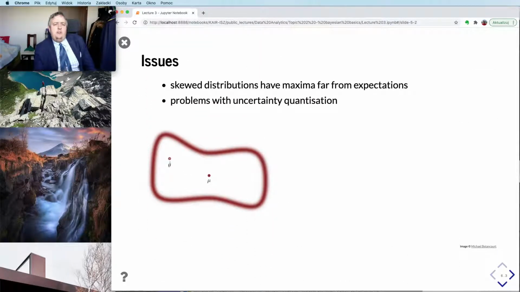The issue, however, is that if the distribution is skewed in some way, like for example the one we had before, then the maximum might be far away from the expected value, and it can even be very far. First of all, those points are not inside the typical set, but that's not the problem. The second is that skewed distributions will have the expectation moved.